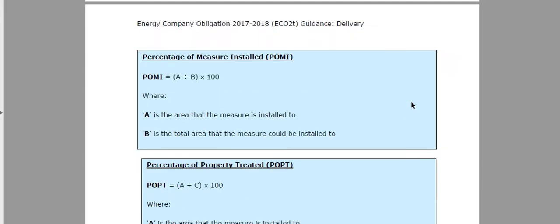In terms of POMI, percentage of measure installed, what that's basically asking is the total area that the measure could be installed to. So how much have you done of that compared to the actual overall available measure. That's just trying to make sure that you're not omitting areas, for example, for something such as cost.